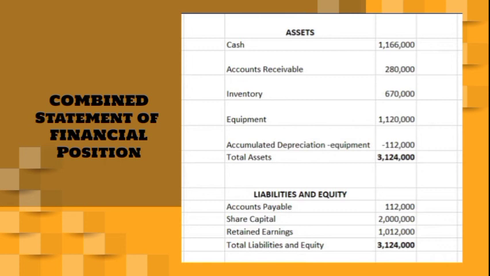That would be 112,000. Share capital, 2 million. And retained earnings, we have here sa given, 152,000 plus may adjustment na 860,000 para sa combined profit. So, add lang natin. So, that would be 1,012,000. So, total liabilities and equity, we have 3,124,000. So, makikita natin, balance yung assets natin sa ating liabilities and equity.